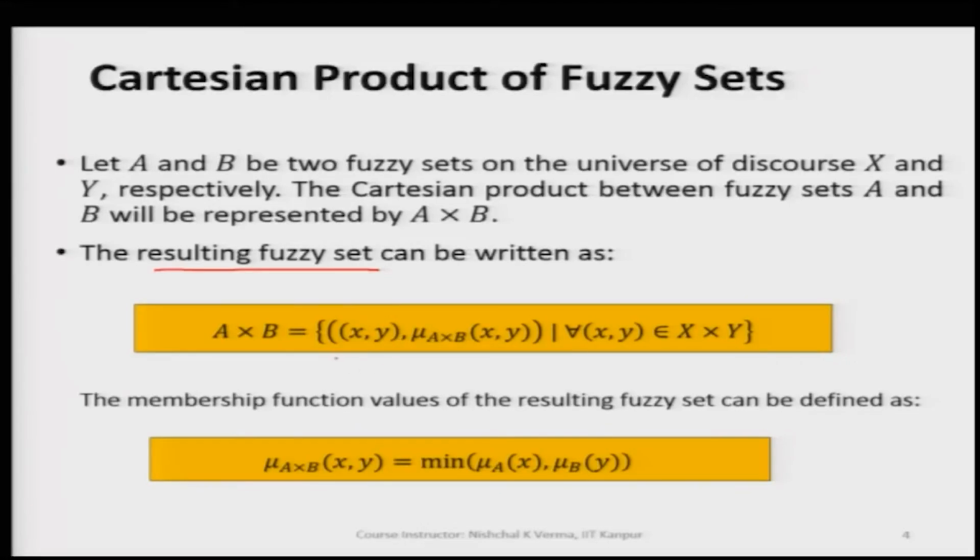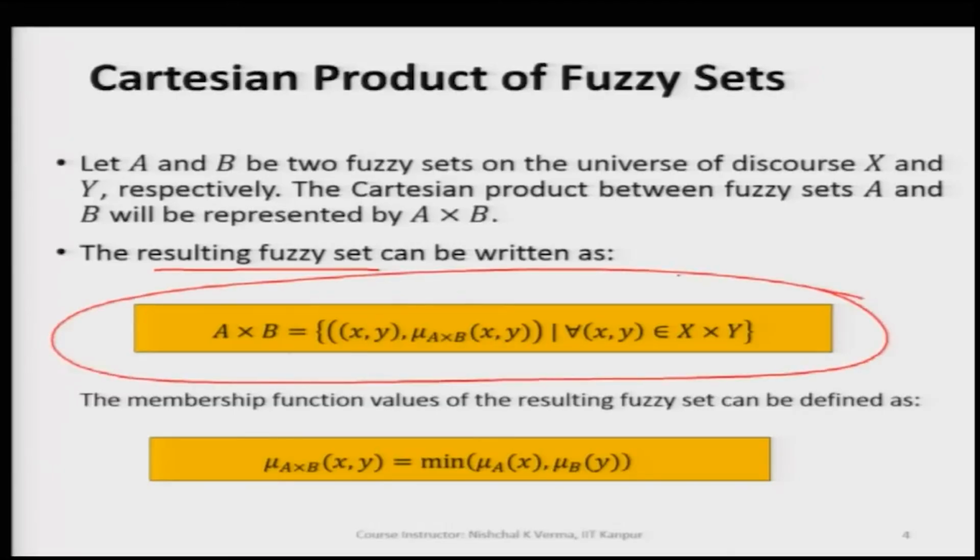A cross B can be written like this: A cross B is the collection of all the ordered pairs (x, y) along with the membership value corresponding to the ordered pair element, that is mu A cross B of (x, y). This is important, because in the Cartesian product of crisp sets we had only the ordered pairs (x, y).